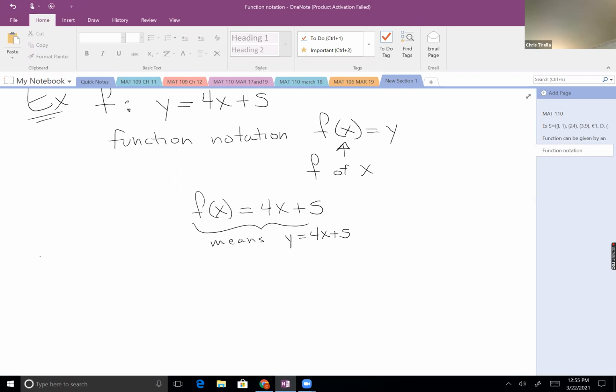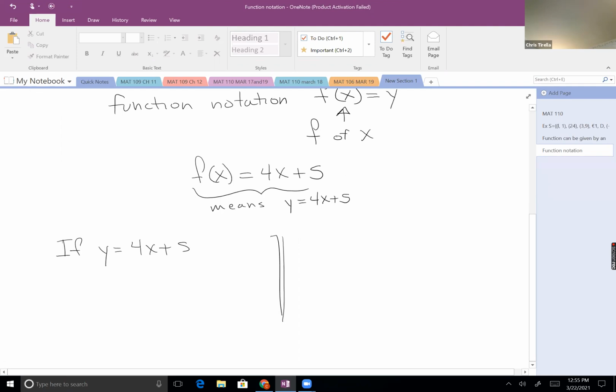So for example, I want to look at a problem. Let's say if y equals 4x plus 5, I want to do this two ways, one on the right-hand side and one on the left-hand side. I might ask you to find y when x is some number, let's say 2. And so what would we do?